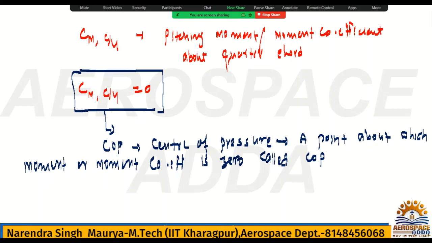Doesn't matter what the alpha is, that pitching moment coefficient will be 0 about the quarter chord. So for symmetric airfoil, note, this is also asked in an exam.